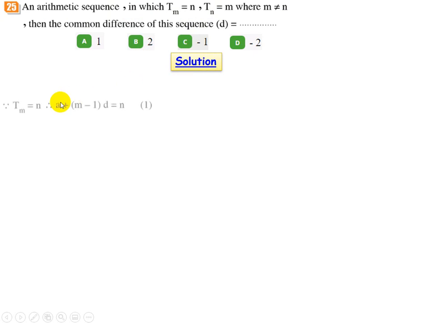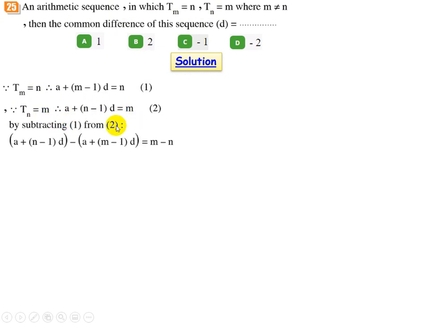Number 25. An arithmetic sequence in which Tm equals n, Tn equals m, where m is not equal to n, then the common difference of this sequence d equals what? Tm: a plus m minus 1 d equals n. Number 1. Tn: a plus n minus 1 d equals m.